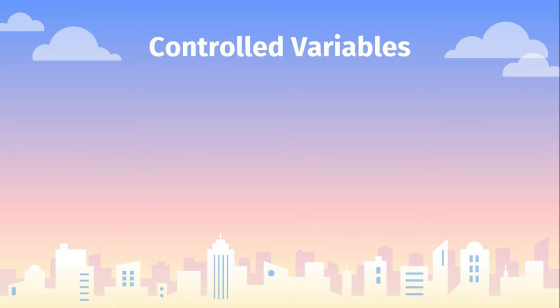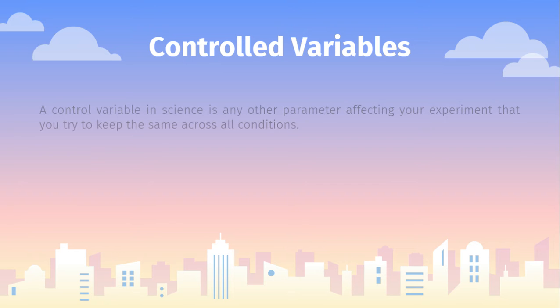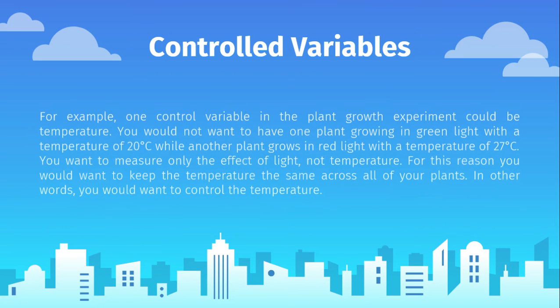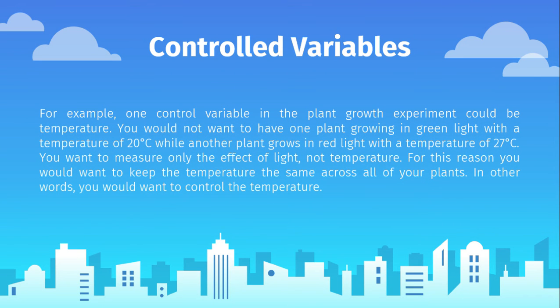And the third one is control variable. What is control variable? Control variable in science is any other parameter affecting your experiment that you try to keep the same across all the conditions. For example, one control variable in a plane grow experiment could be temperature.